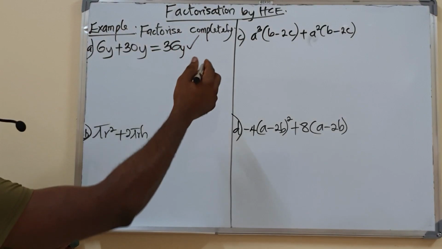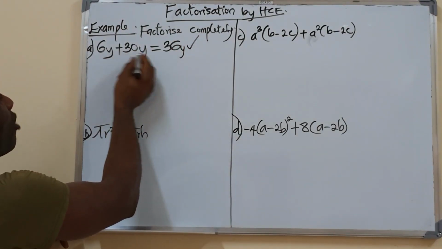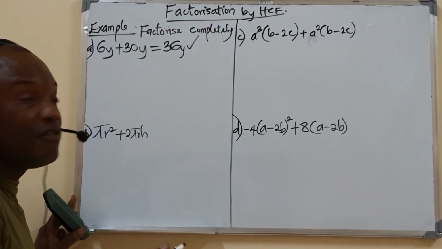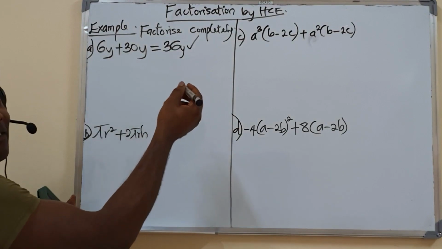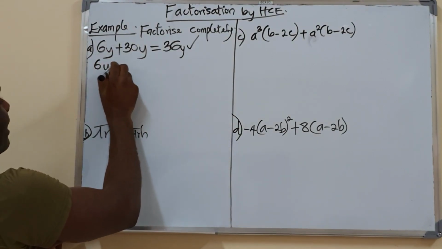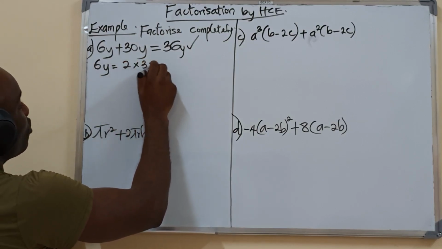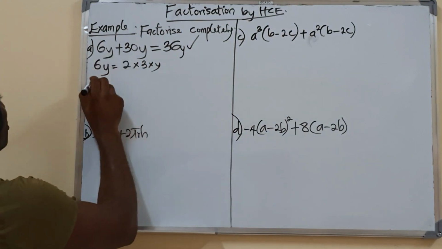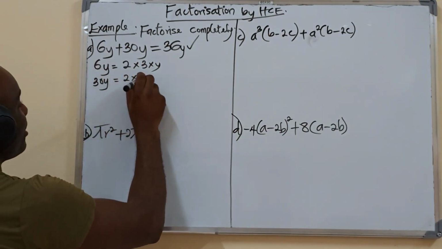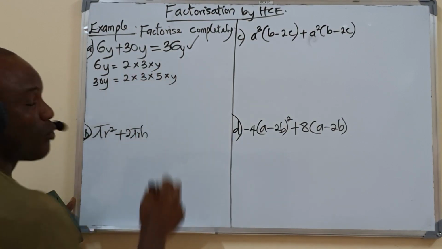As it suggests working with HCF, I will begin by considering the common factors of 6y and 30y. Obviously, you know that 6y is exactly the same as 2 times 3 times y, isn't that so? And 30y, on the other hand, will be the same as 2 times 3, which is 6, times 5, which is 30, times y.